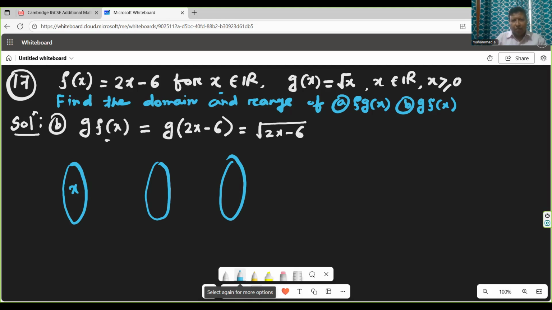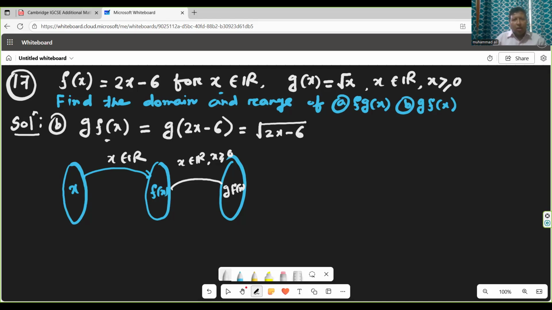x is mapped with f(x). Here in the f function, x belongs to real numbers, and f(x) is mapped to gf(x). In the g function, x belongs to real numbers and x greater than or equal to 0.